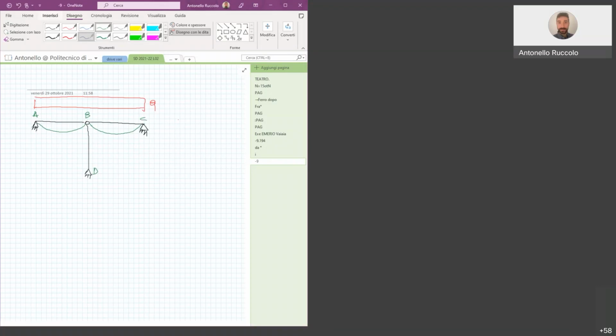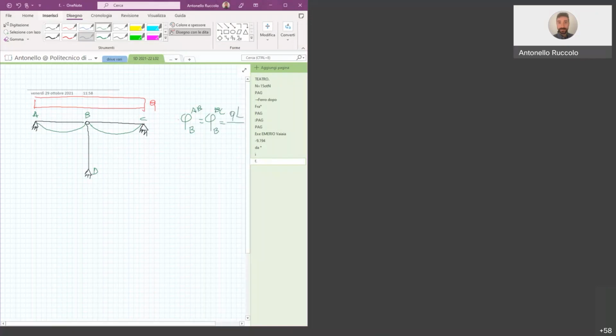And since also the column, let's say BD, is rigid, there is no elongation or contraction of the column. So the node B stays here. But we have possibility to have rotation. So we have phi B in AB is equal to phi B in BC in the node B. And it is equal to something that we have seen so far so many times.